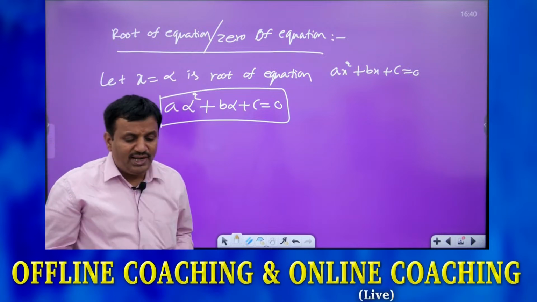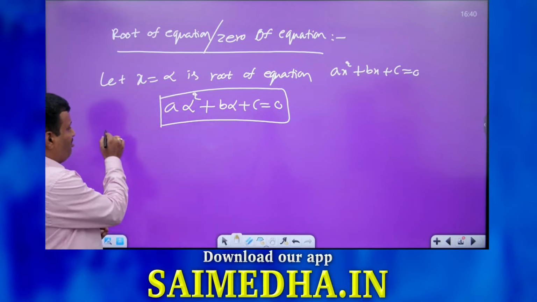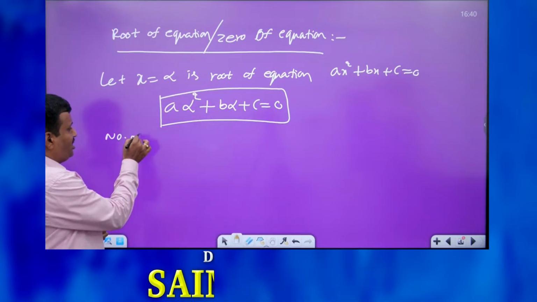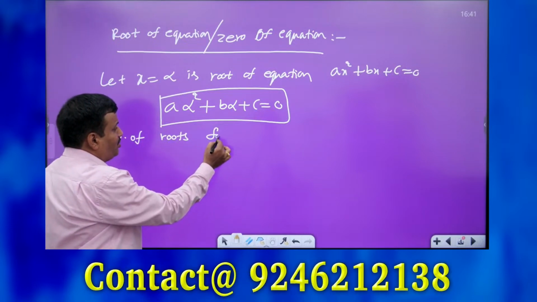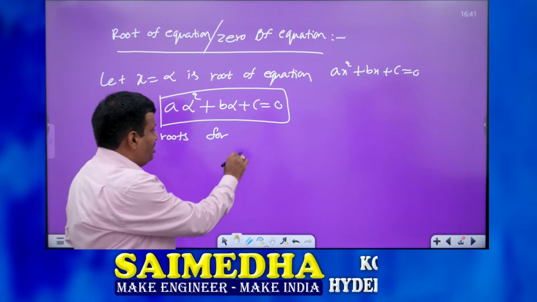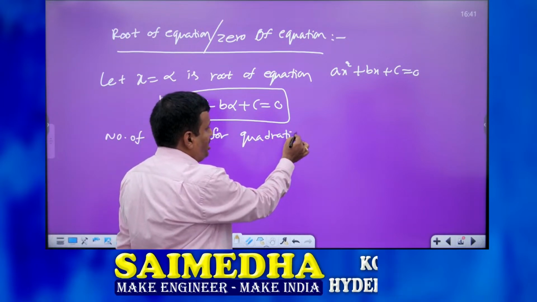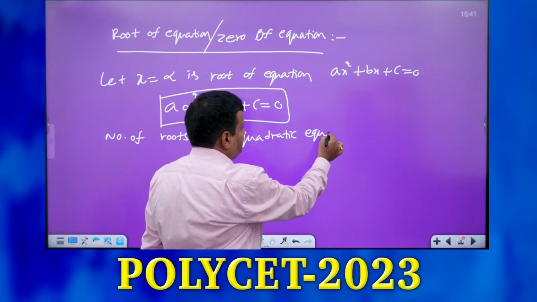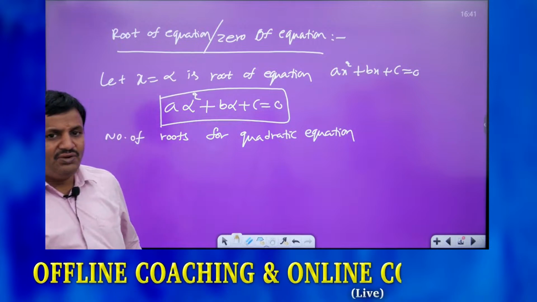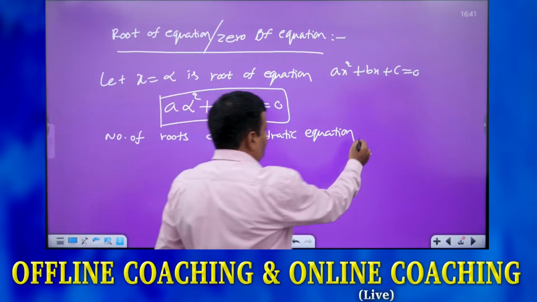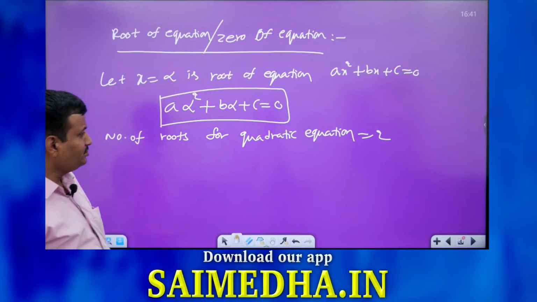Coming to sum of the roots. How many roots will you get for a quadratic equation? 2 roots. That's also very important. The number of roots for a quadratic equation is equal to 2.